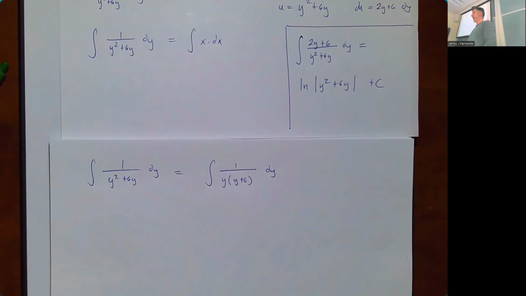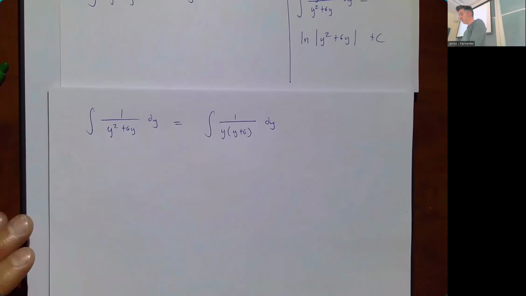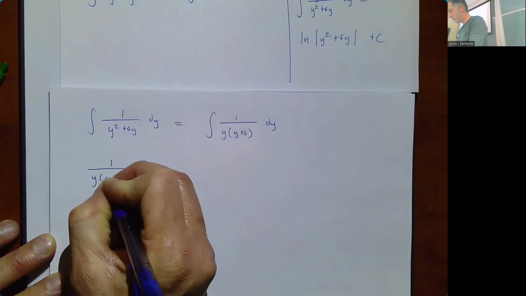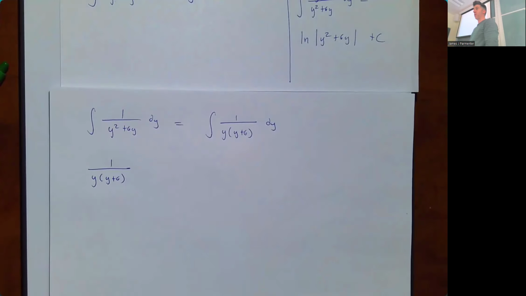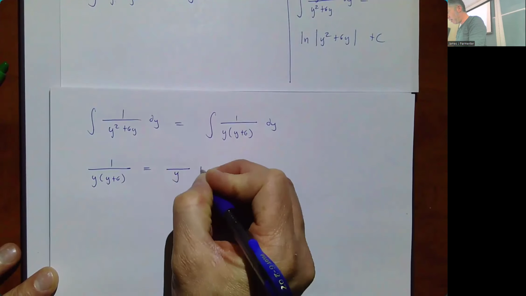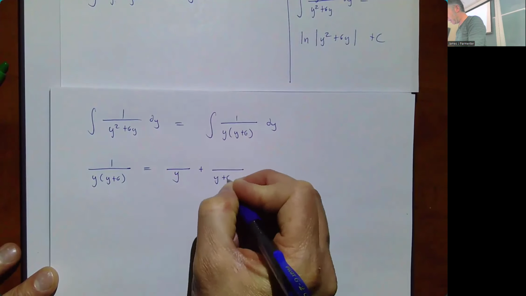So then we're just going to do some algebra that is not calculus at all. We're going to take our fraction here, 1 over y times y plus 6, and we're going to write it as the sum of two fractions that have less complicated denominators. Specifically, something divided by y plus something divided by y plus 6.